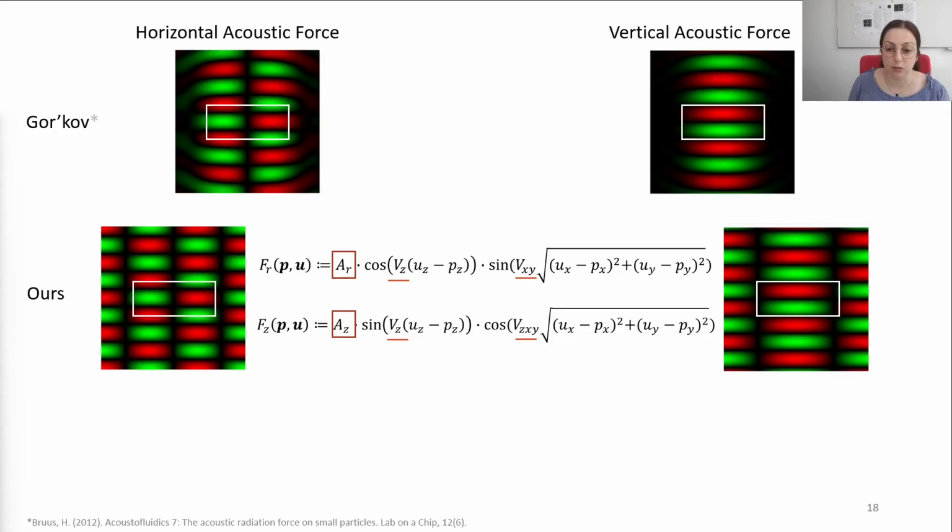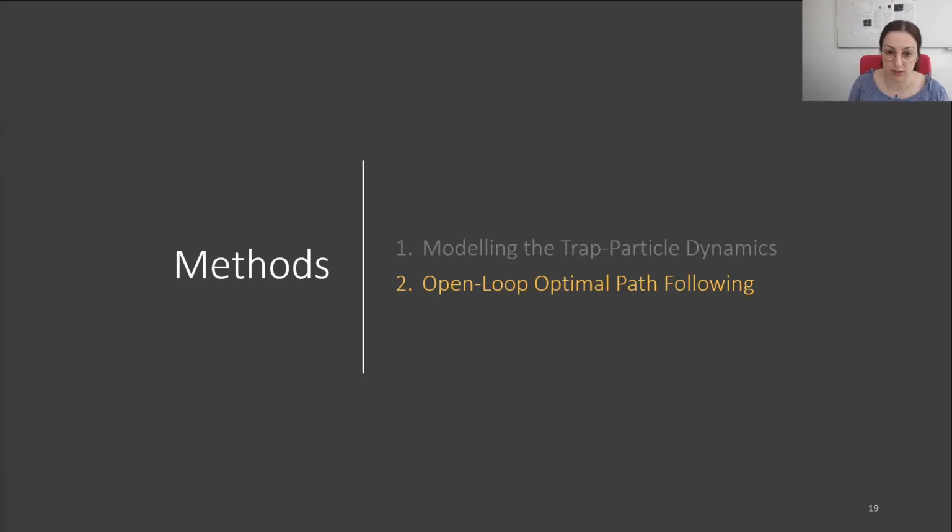In this way, we obtain a model that considers the trap particle distance along all three axes, and we obtain a much better force approximation in the region of interest.